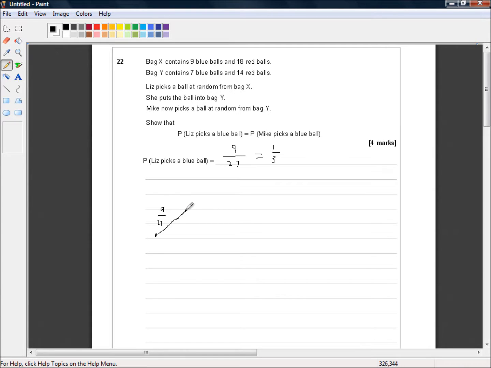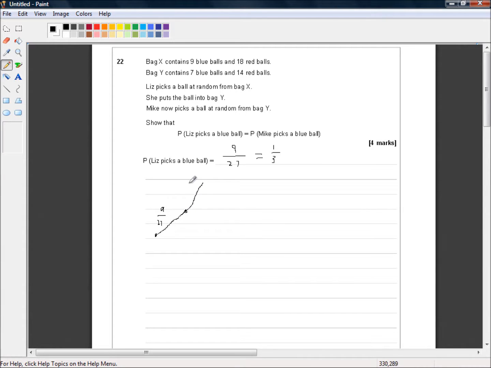Now, assuming she picks a blue ball, what is the probability that Mike picks a blue ball? Well, there are now 8 blue balls out of a total of 8 plus 14, which is 22.